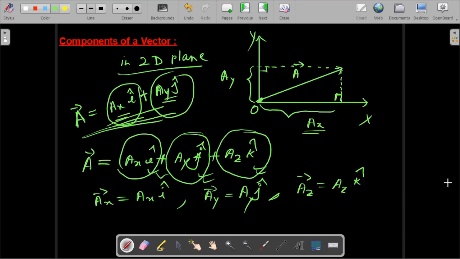This way we can write one given vector in its components.